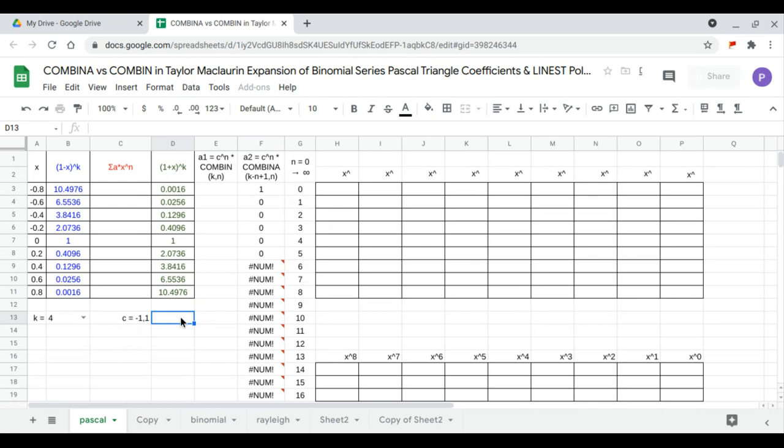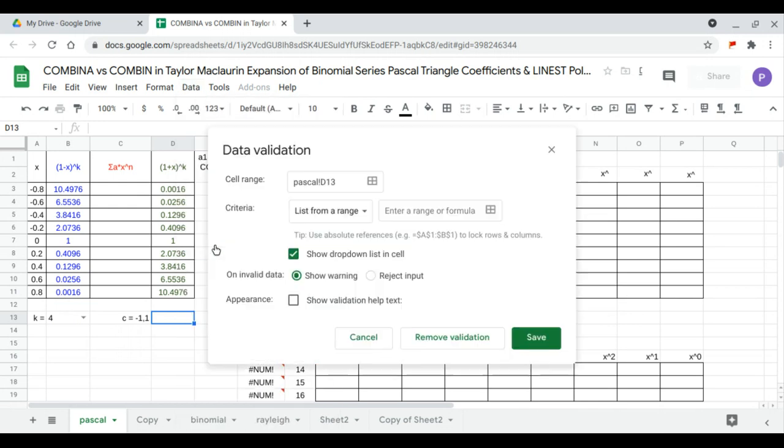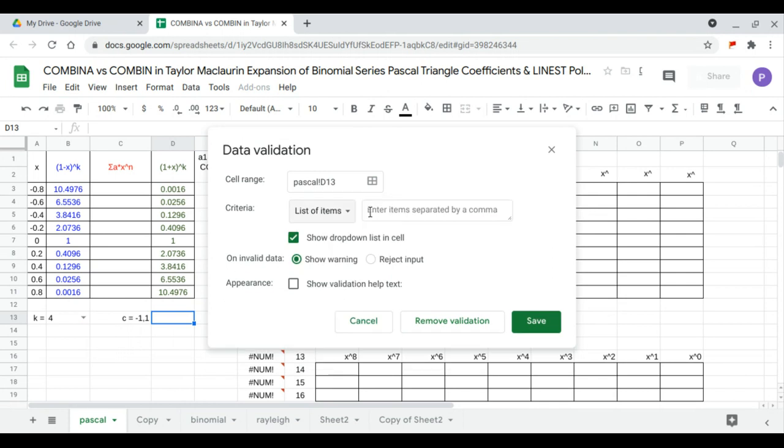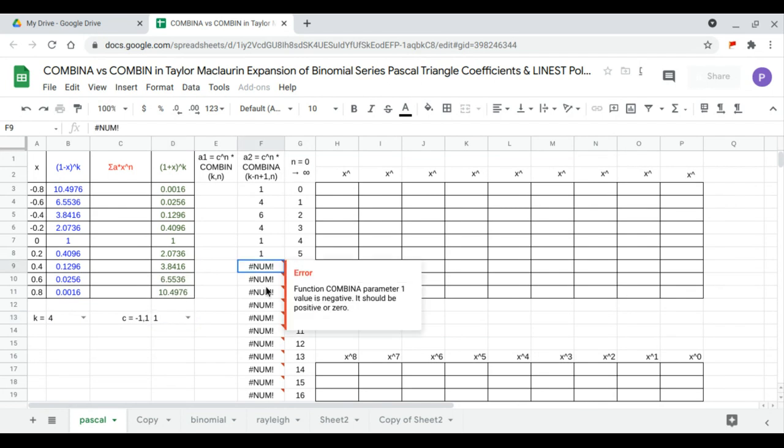Now our value for c will be data validation, list of items: minus 1 if it is 1 minus x, and 1 if it is 1 plus x. We start with minus 1, with 1. So this should be 0.